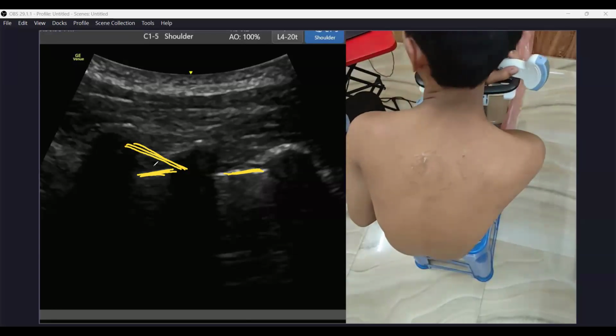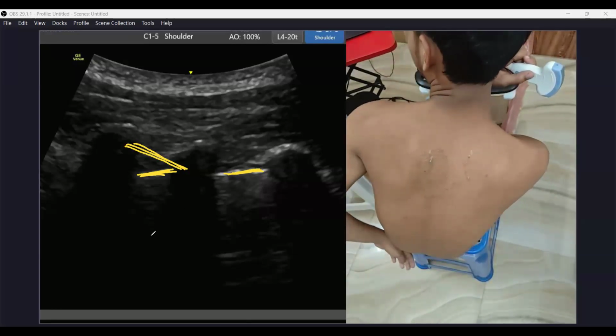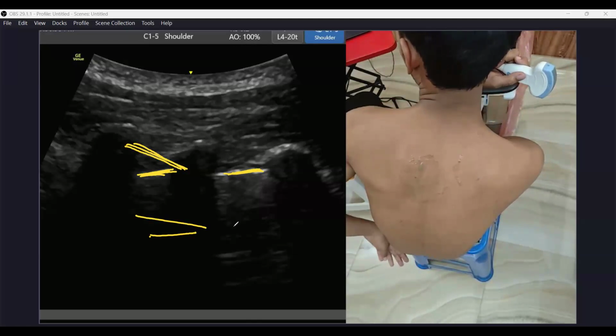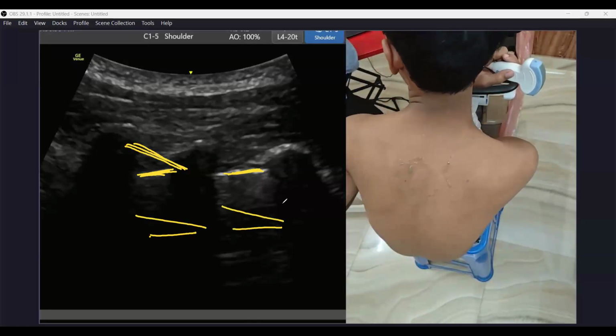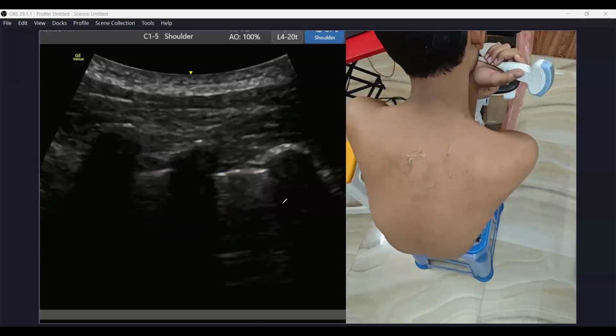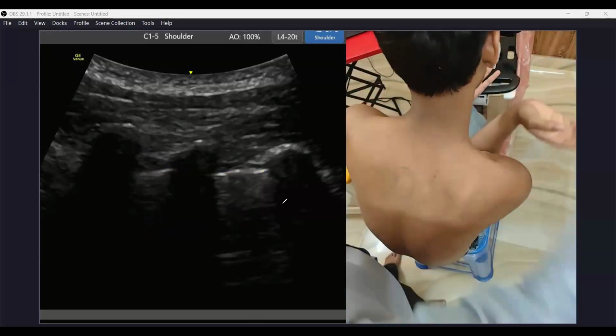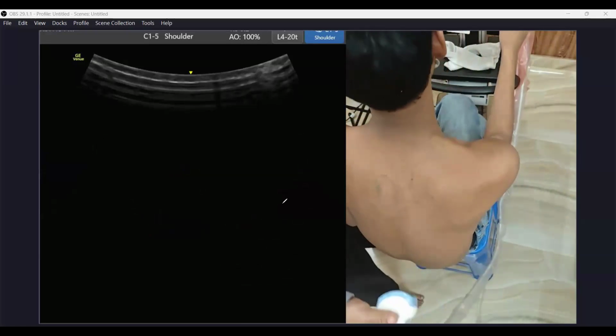Try to see this structure. Between these two structures, you will always see this type of structure. I show you again. Just try to understand this.